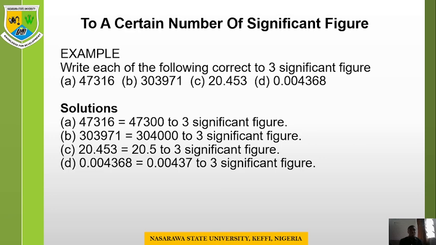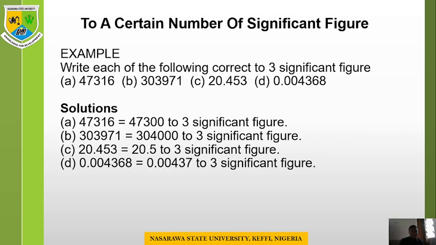Alright, now, 47316 to 3 significant figures. The question 47316 has how many significant figures? Let's count: 4, 7, 3, 1, 6. We have 5 significant figures. If we are to write this in 3 significant figures, that means we are leaving 3 digits, and then the remaining become 0.